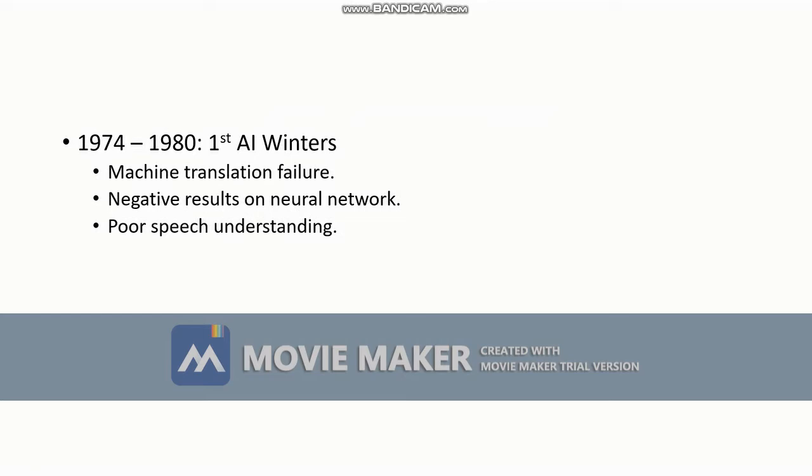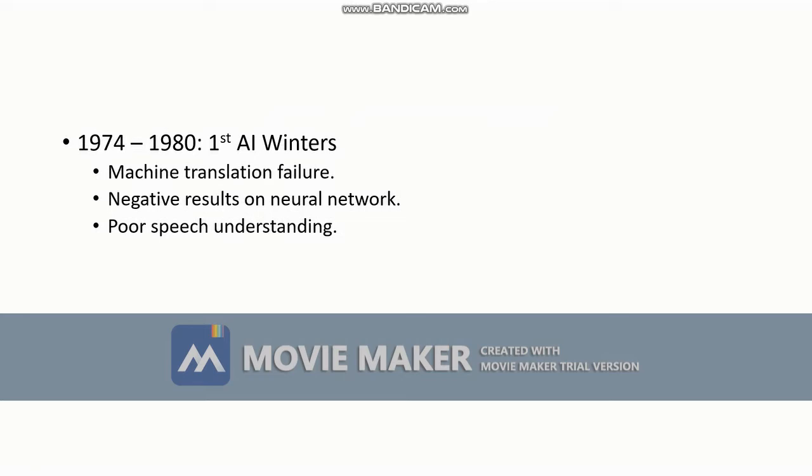Language translation meant they were mostly interested in Russian and English translation, because it was the time of the Cold War. If anything in the Russian language came, they wanted to convert it to English. So a lot of money was invested in it, but unfortunately, not much results were identified. So it was considered a big failure.